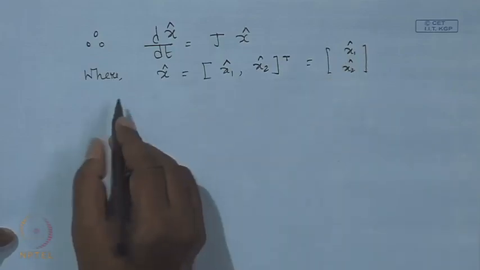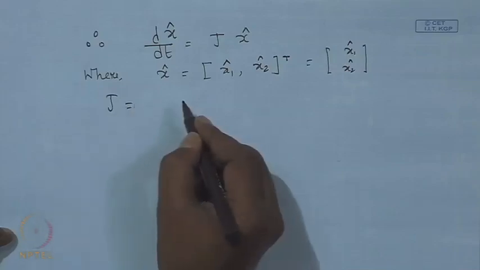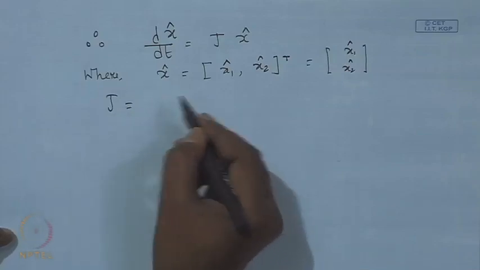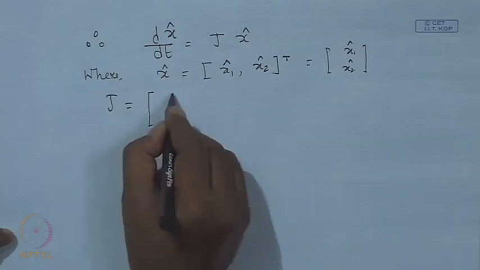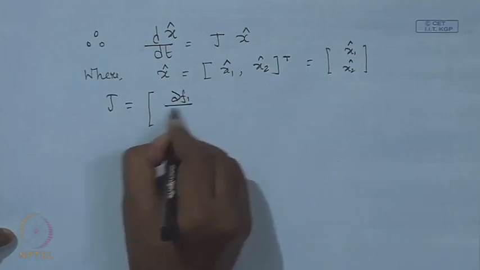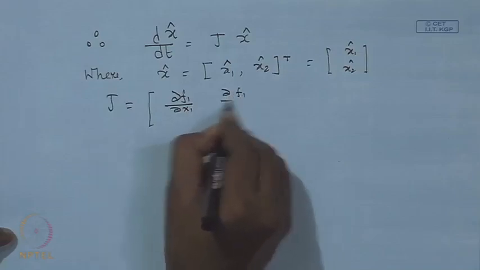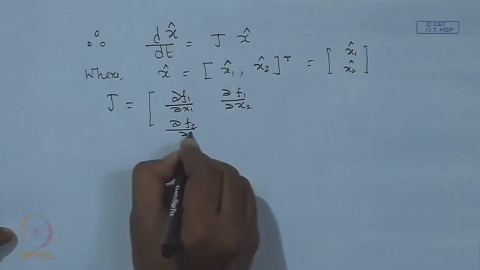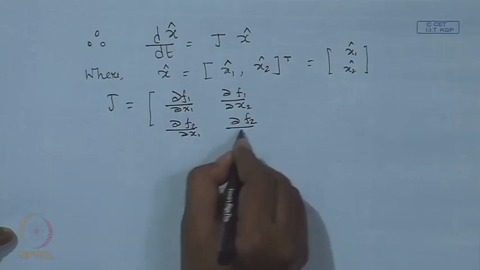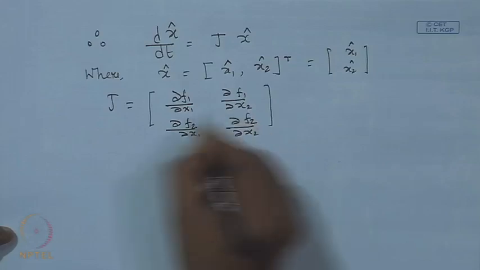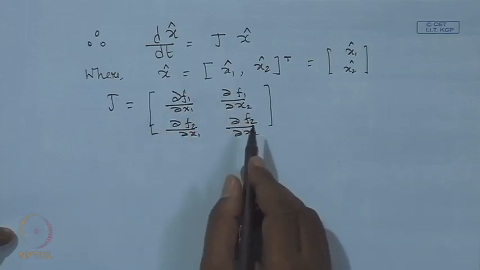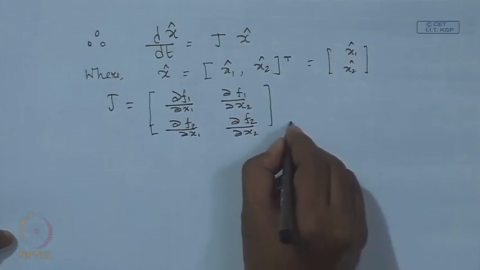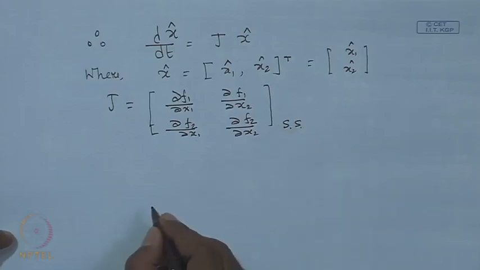The Jacobian matrix J has the derivatives as its elements, and these will be del f1 del x1, del f1 del x2, del f2 del x1 and del f2 del x2, and all these derivatives, which are the elements of the Jacobian matrix, are evaluated at the steady state.